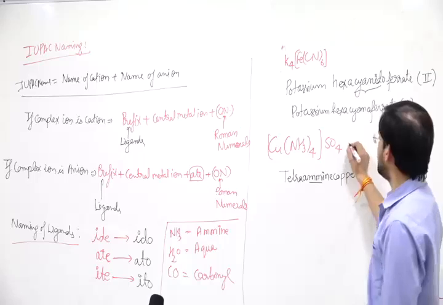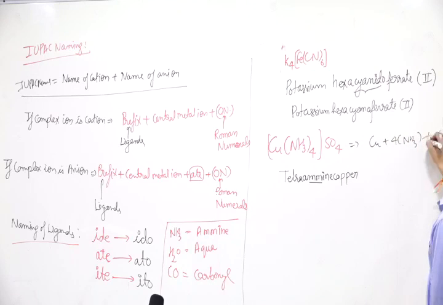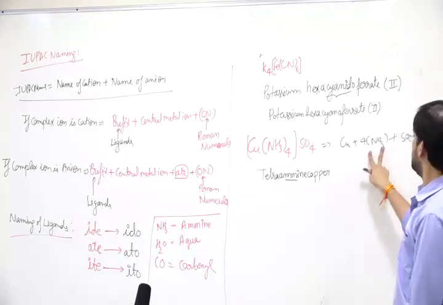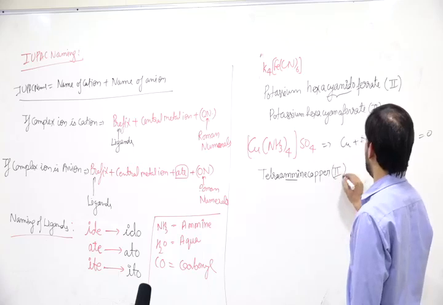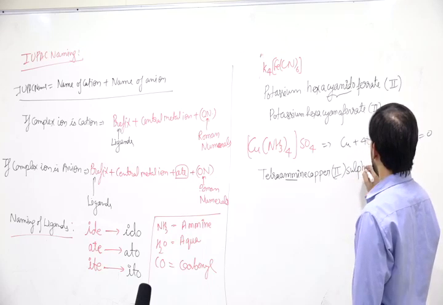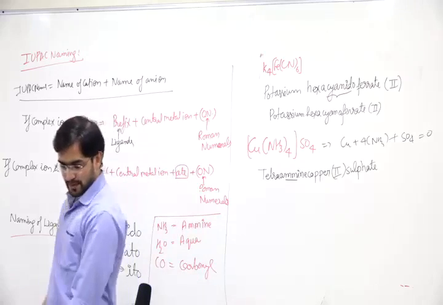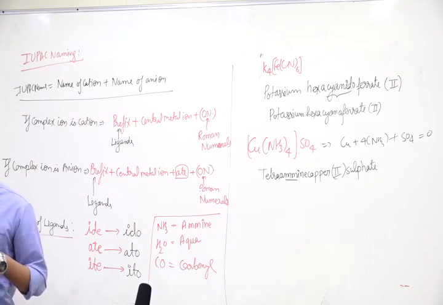So you have to find the oxidation number: Cu plus 4NH3 plus SO4 equals 0. SO4 is minus 2, so copper is in plus 2. So tetraamminecopper(II) sulfate. Right? Yes or no?